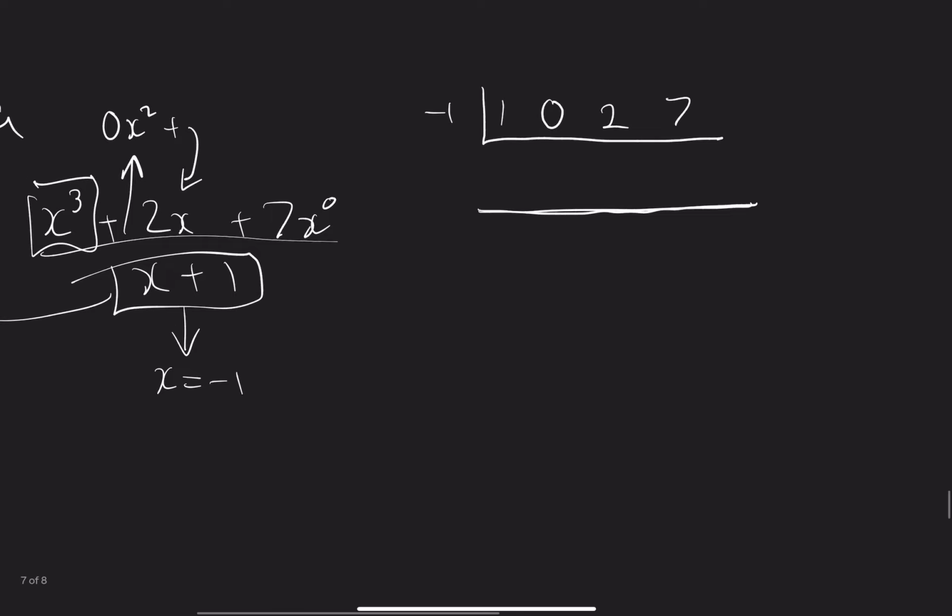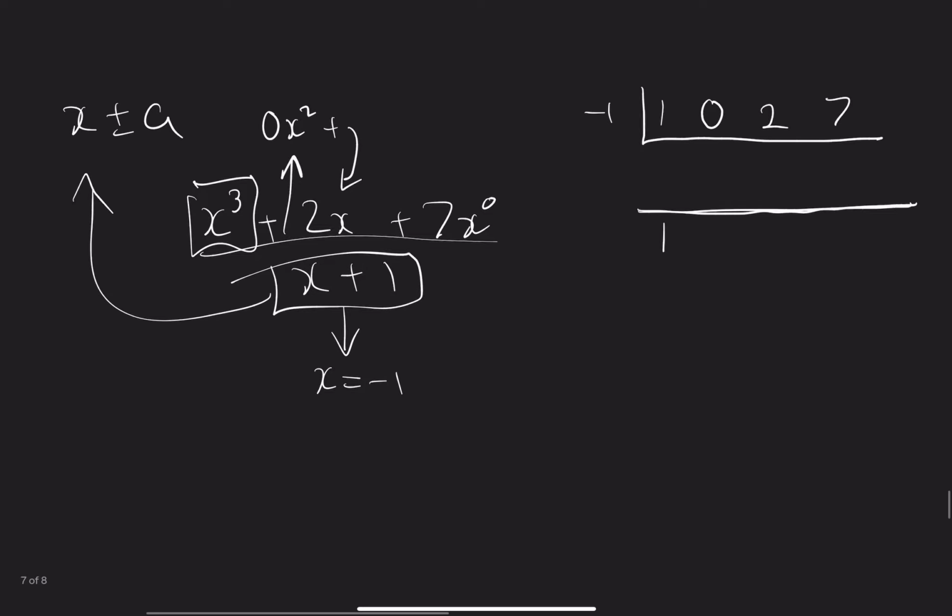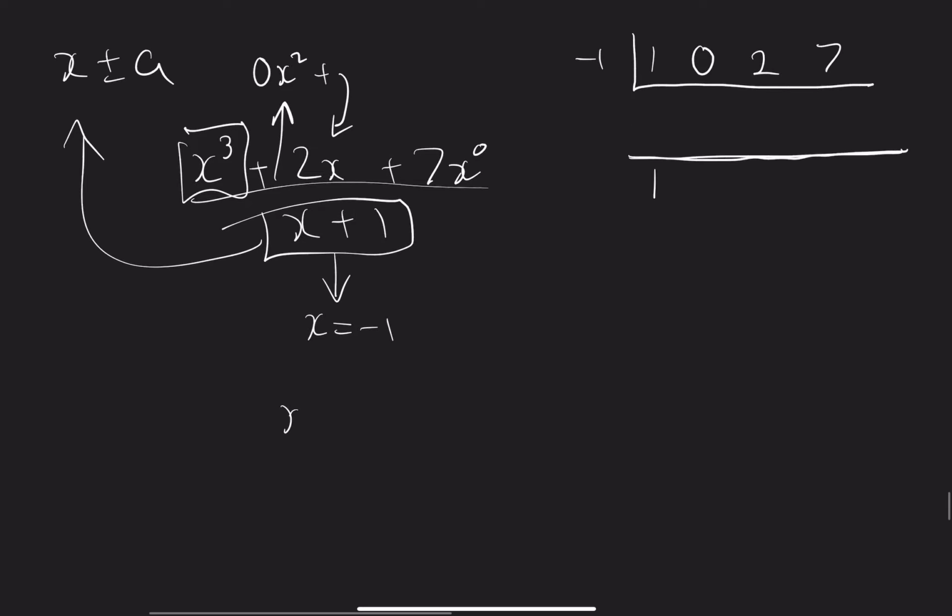Okay, so the first thing that we want to do is just drop this down here. And the reason why we want to do that is because if you think about it, we want some value y such that x plus 1 multiplied by y gives us x cubed plus 2x plus 7.